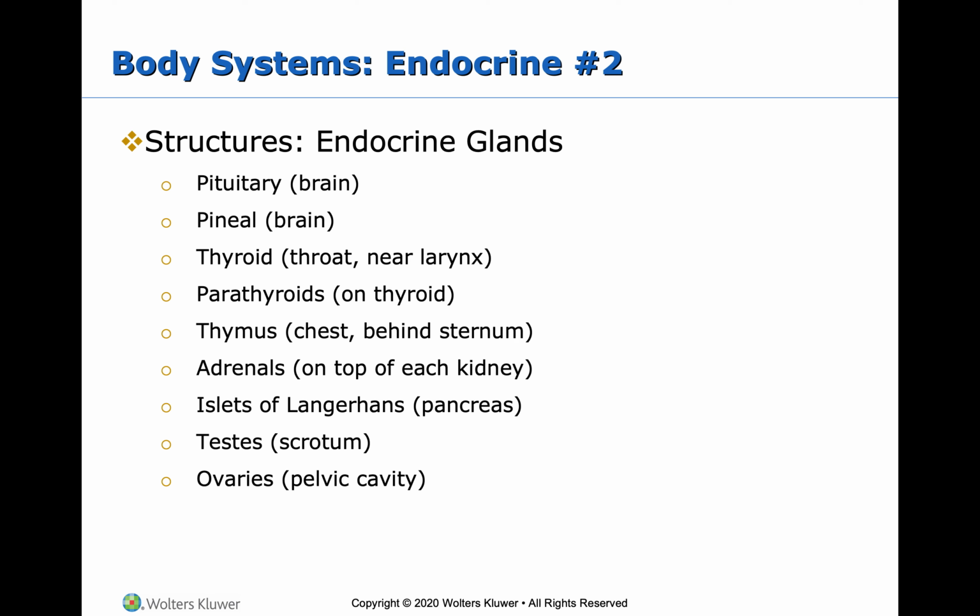Your pituitary gland, this is like the brain. It's pretty important. The hormone it releases is your adrenocorticotropic, also known as ACTH. It also releases ADH, follicle stimulating hormone, growth hormone, thyroid stimulating hormone.